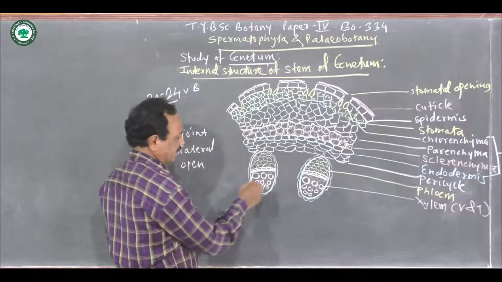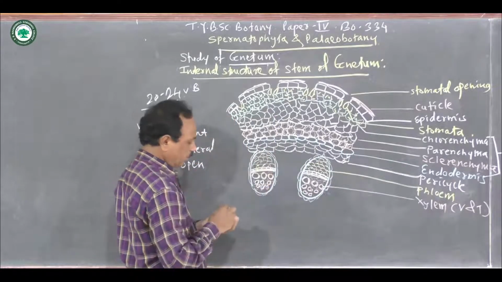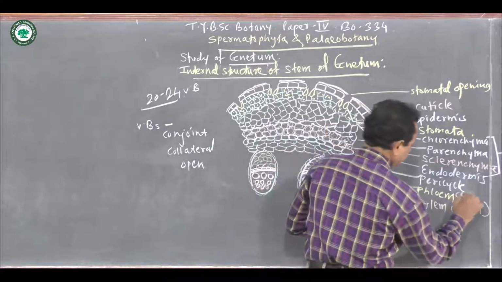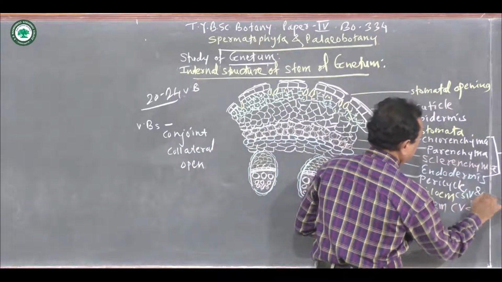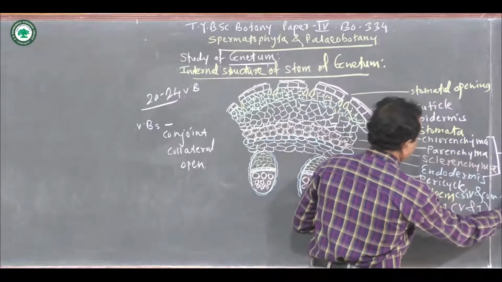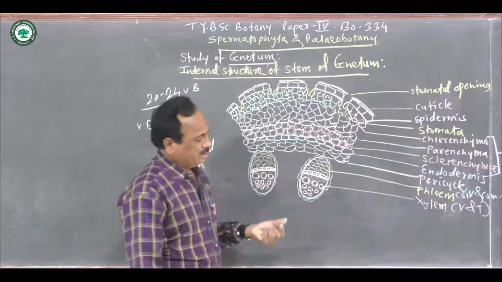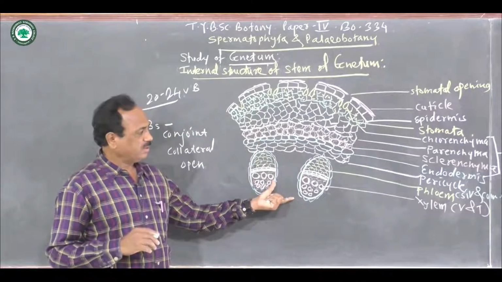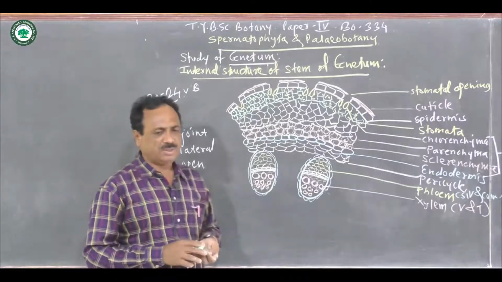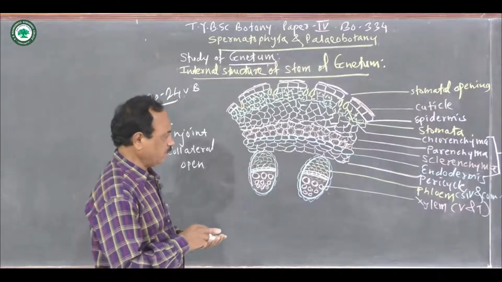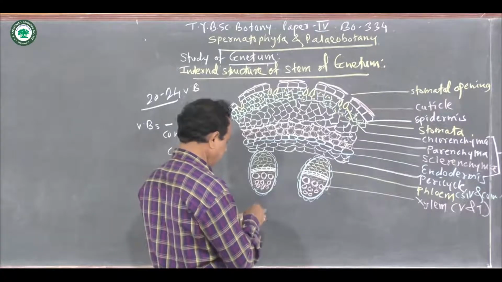This phloem shows the presence of the sieve tubes and companion cells. So here this Gnetum is called an advanced gymnosperm, and so it shows the presence of the xylem with vessels and the phloem with sieve tubes and the companion cells.